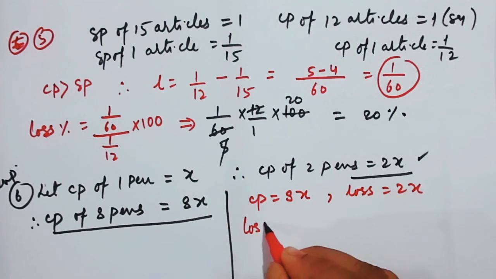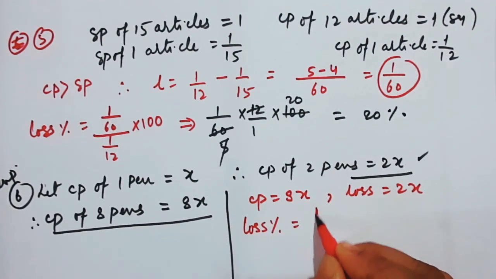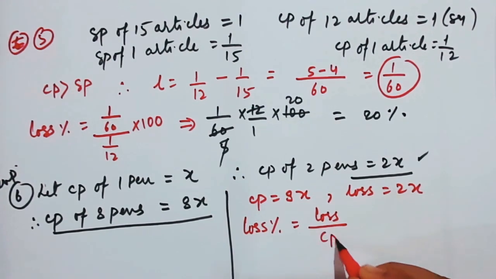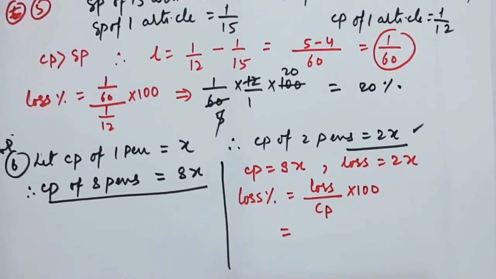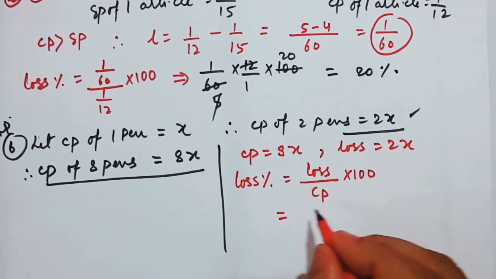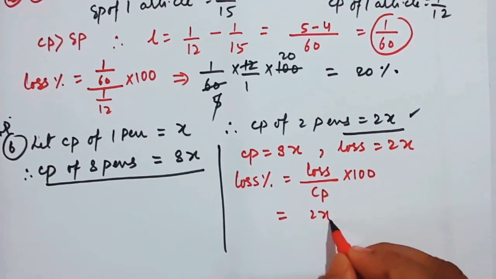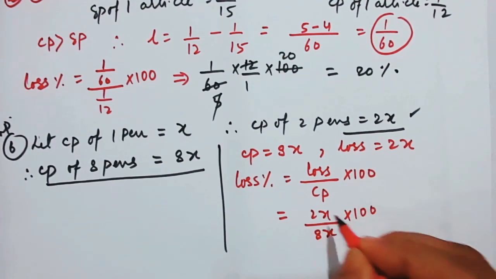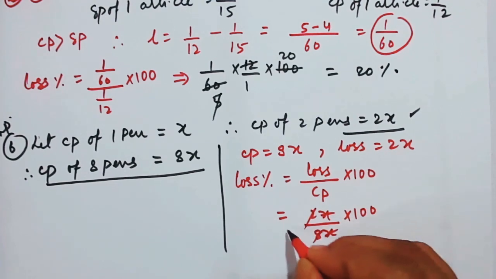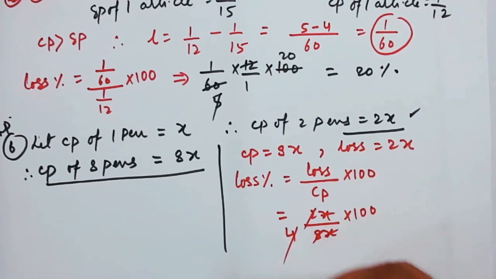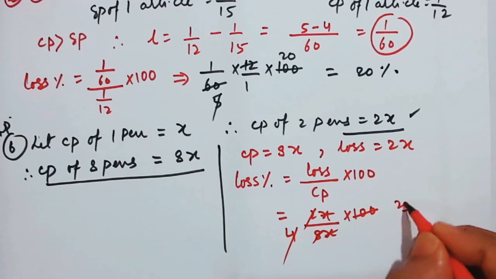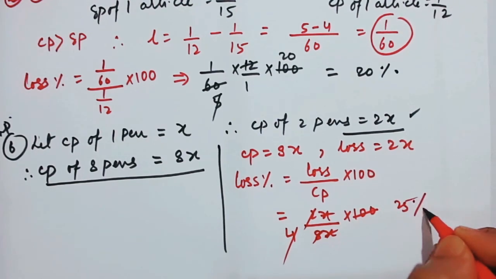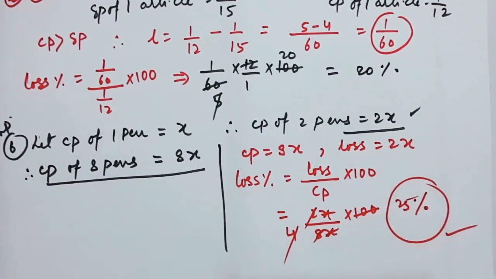Therefore, loss percent will be equal to loss by CP into 100, which is 2x by 8x times 100. 2 4 times and 4 25 times. So loss percent is equal to 25%.